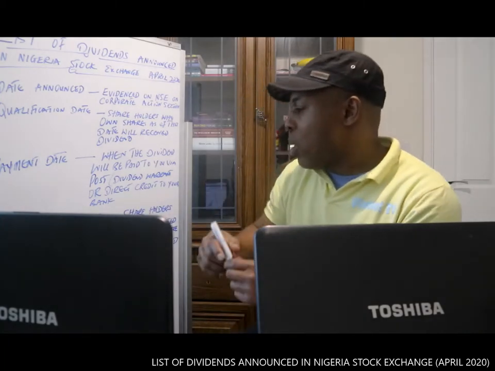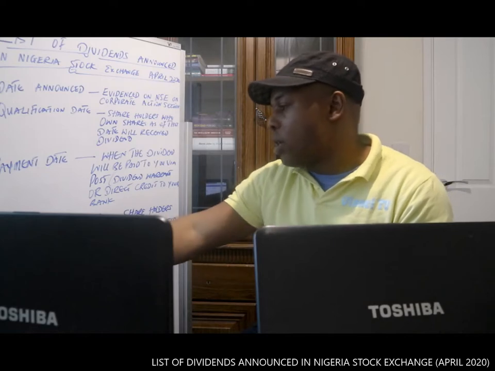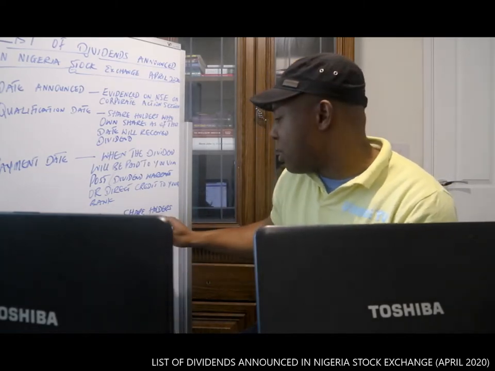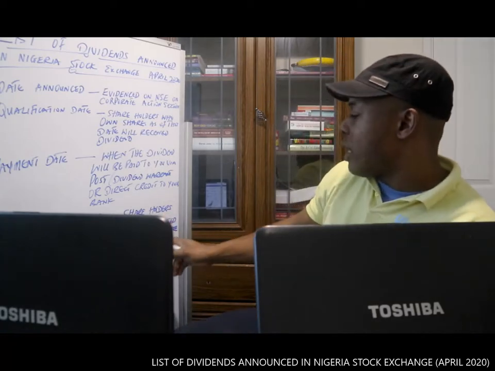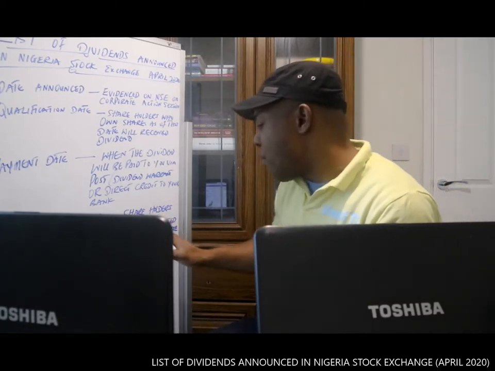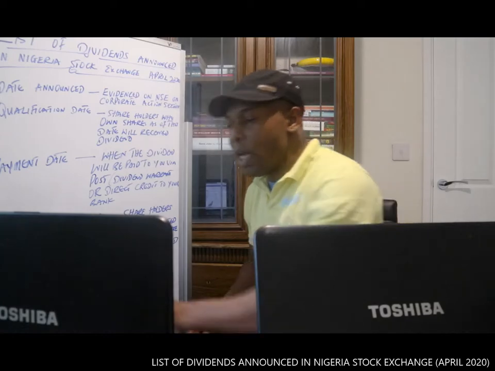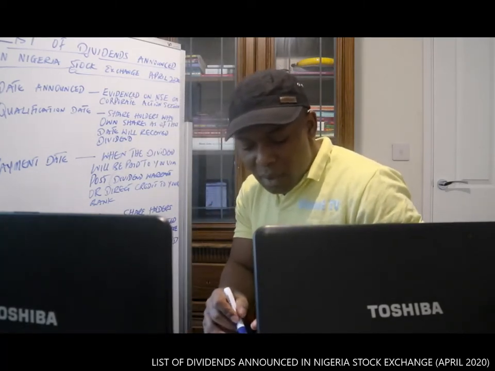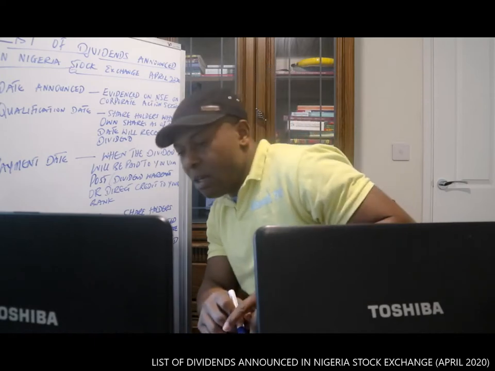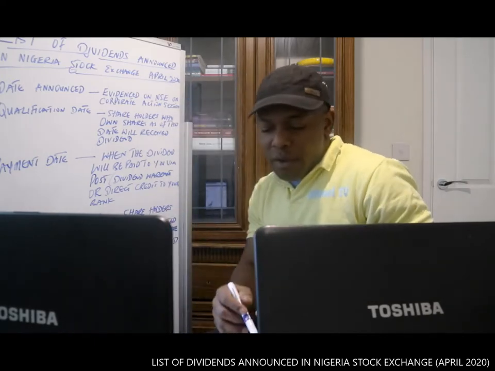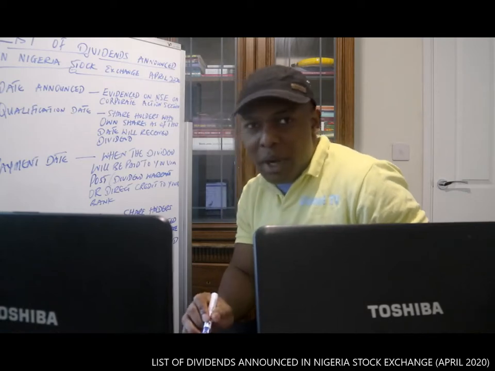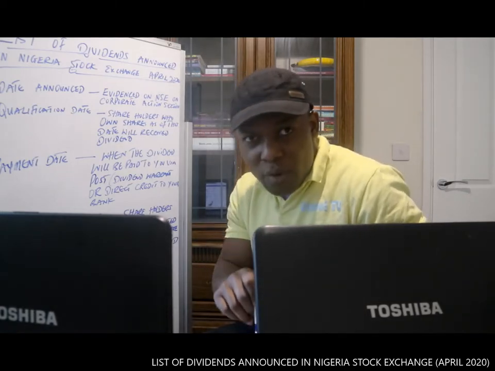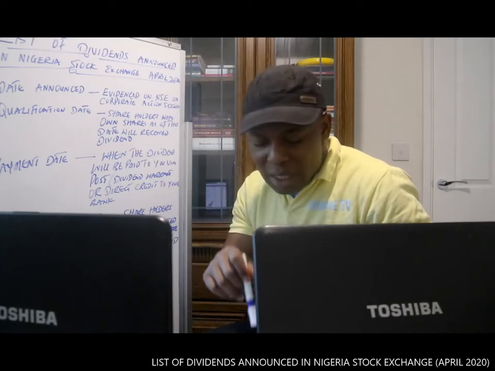Okay, so the other thing to check is the closure of register. The closure of register is the date by which shareholders who own shares listed in the register will be paid. So let's say today is the 4th of April and the register closes today, and you buy a share on the 4th in the stock market.